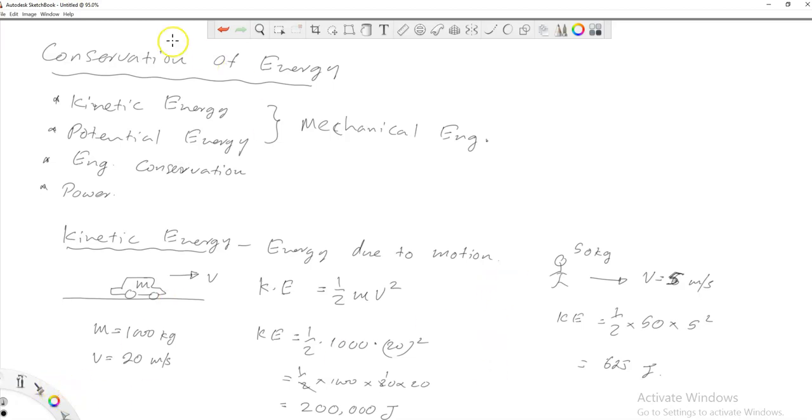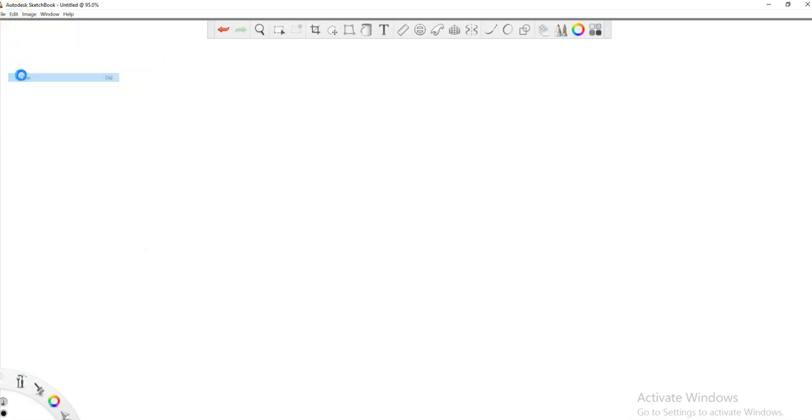Okay, so let me erase the whole thing. Potential energy. Potential energy is another type of mechanical energy. We say that an object can have energy by virtue of its surroundings or due to where it is.